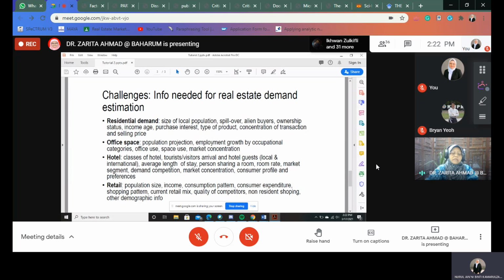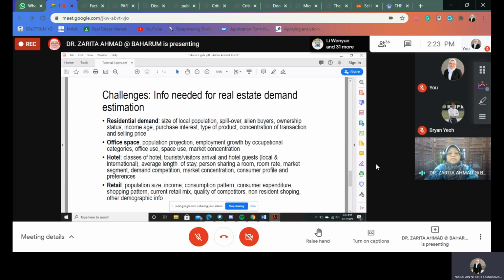Again, in order to estimate your demand, there is other information you must have. You're talking about the population projection, then the employment growth, and the employment growth must be according to the occupational categories, depending on the background, the industry, and stuff like that.